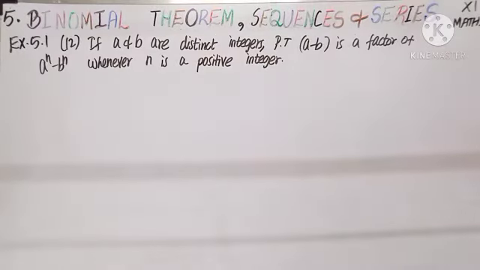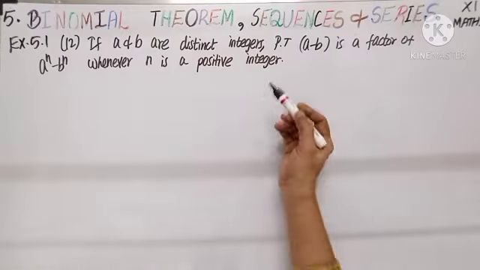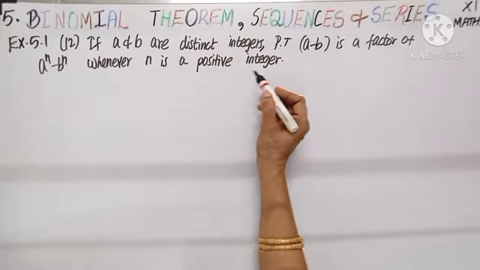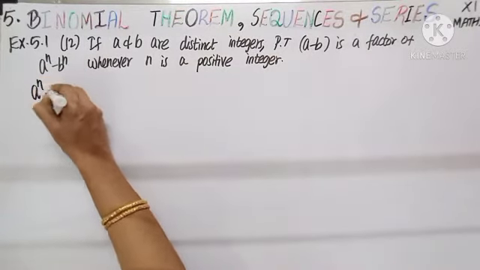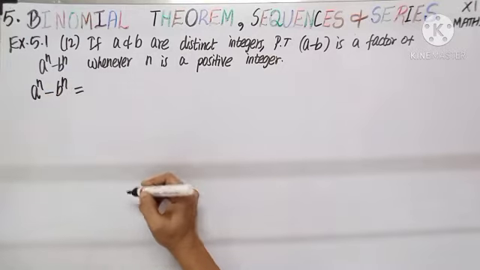Question number 12. If a and b are distinct integers, prove that a minus b is a factor of a power n minus b power n whenever n is a positive integer. The same idea as the previous one. My question is a power n minus b power n.